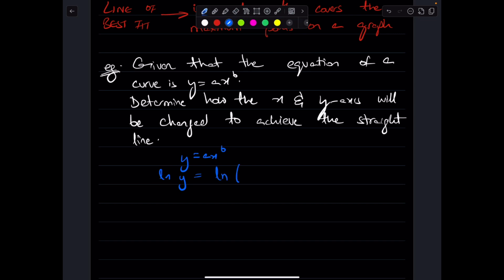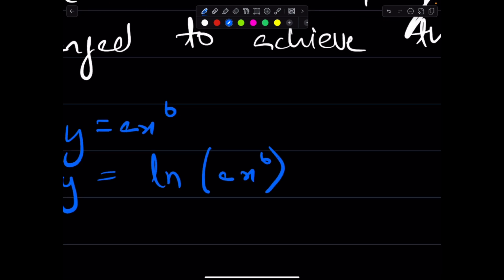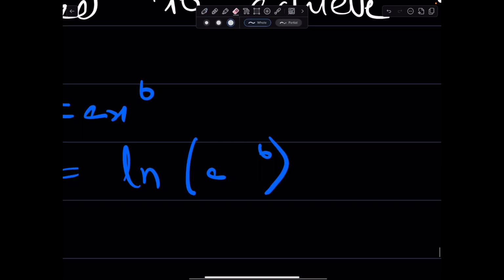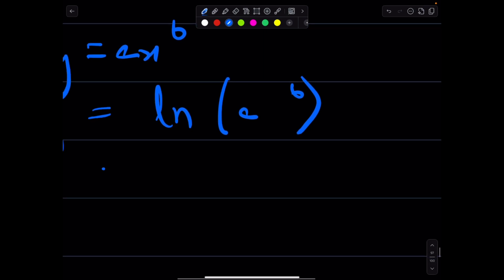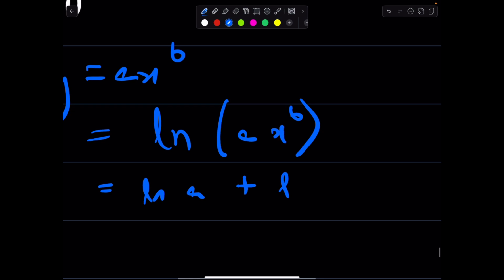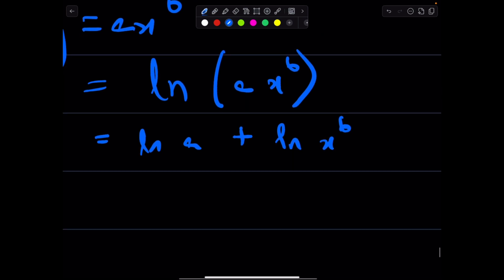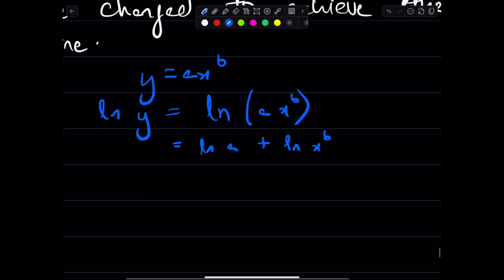a x exponent b. And realize that there are two things being multiplied in the brackets. And we can rewrite this as ln a plus ln x exponent b. Since the power has another power, it can be multiplied to the logarithmic function.